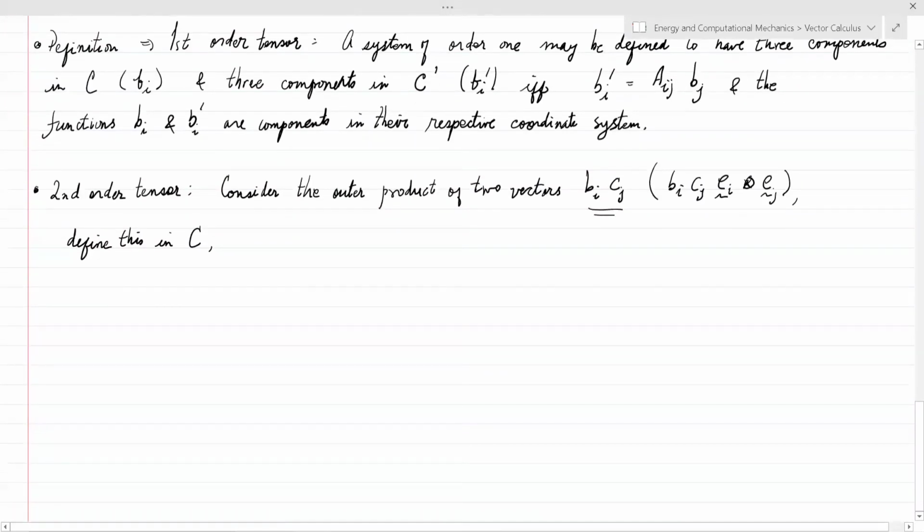And I want to find the transformation in a new coordinate system, C prime. What is it in C prime?